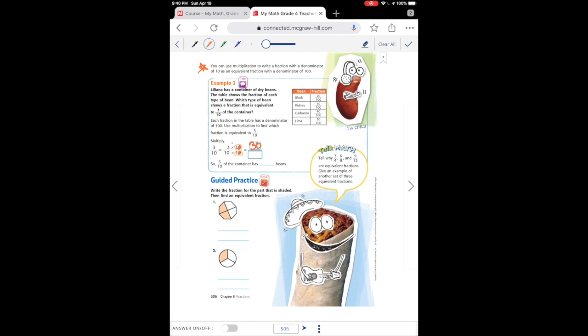And then I can do my zeros trick on the bottom. 10, I can actually cover both zeros. 1 times 1 is 1, and I had to cover 2 zeros, so I need to put 2 zeros back. So 3/10 is equivalent or equal to 30/100. So 3/10 of the container has 30 beans. So Lima.